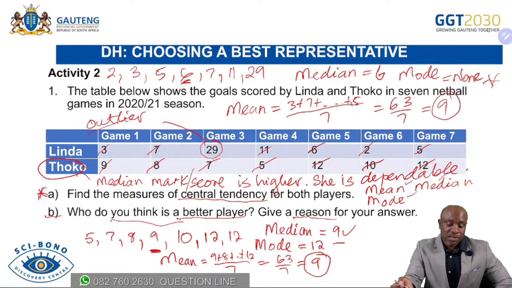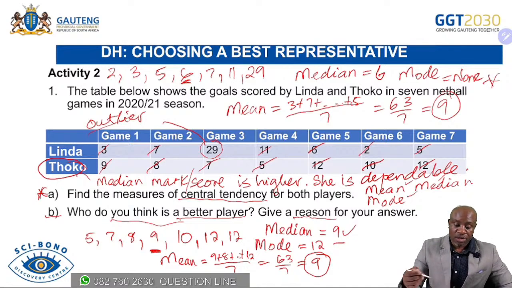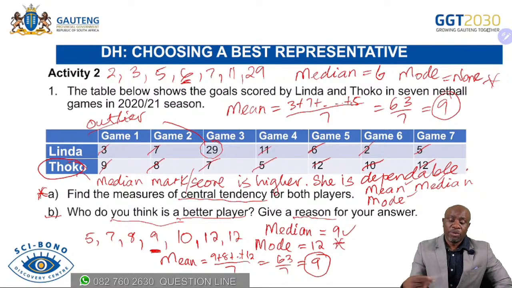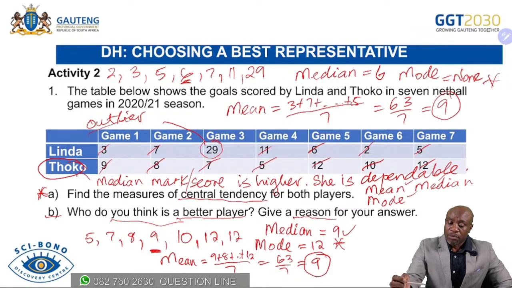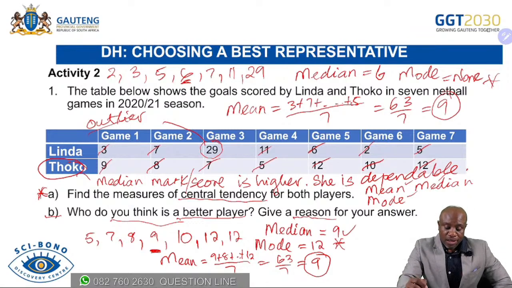She never scored the same score on any 2 or 3 games, so there are no repeated scores. Togo's mode is 12, and therefore we can't compare the two. We can only compare apples with apples. Mode none there, the mode for Togo is 12.